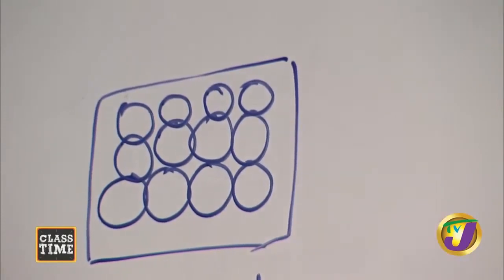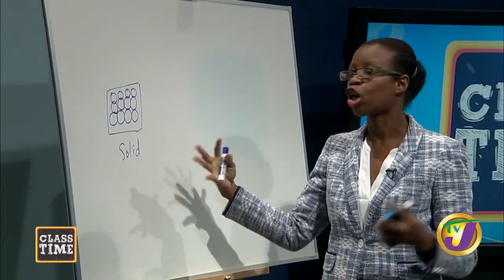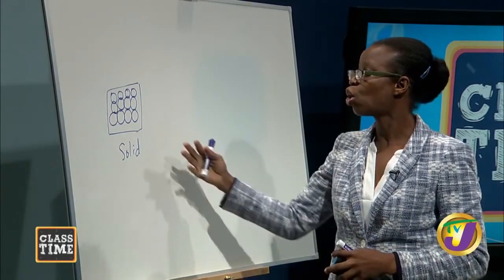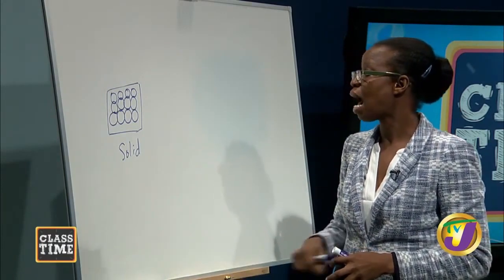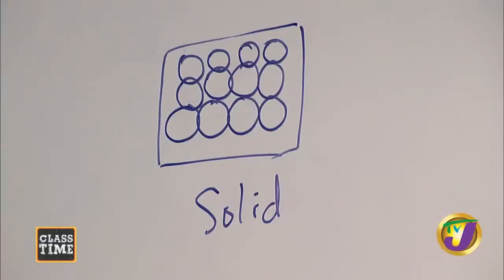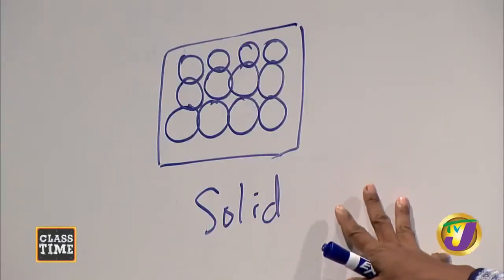What do you notice about these particles? How are they arranged? As you can see, the particles are close packed. So we say in a solid, the particles are close packed, all right? And they really do not move, but they vibrate about fixed positions.